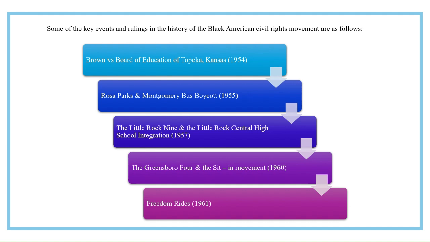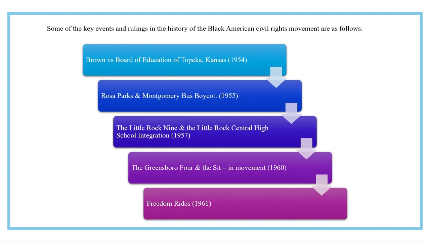First, Brown versus Board of Education of Topeka, Kansas, 1954. On May 17, 1954, the United States Supreme Court ruled that racial segregation in public schools was unconstitutional and granted equal education to Black Americans.